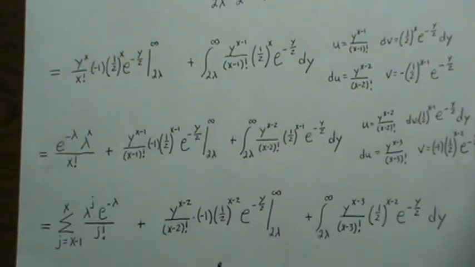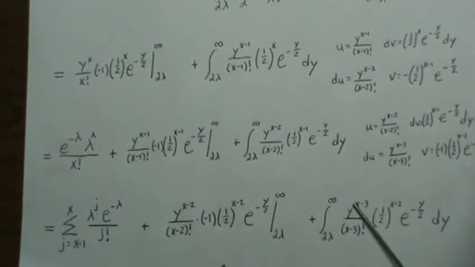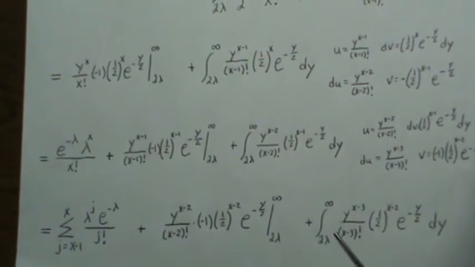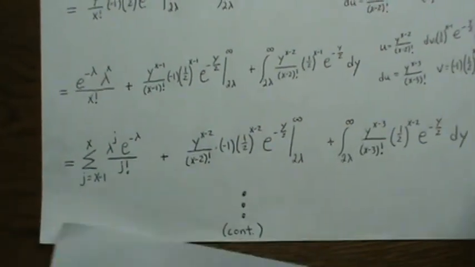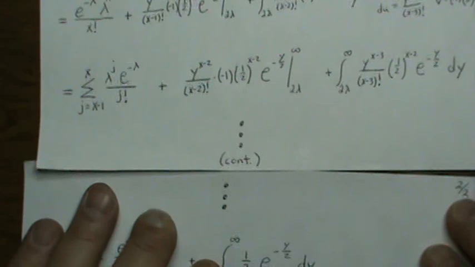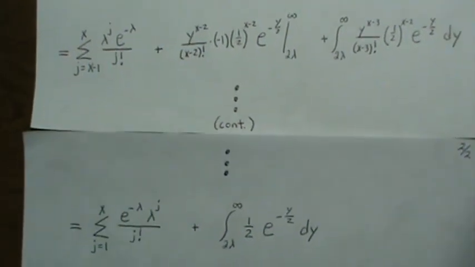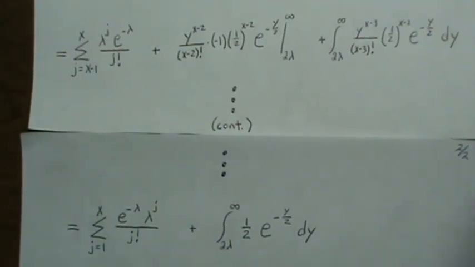And then this is the v du component. And you just repeat until this exponent goes to 0. And then when it goes to 0, you get this, what's left.